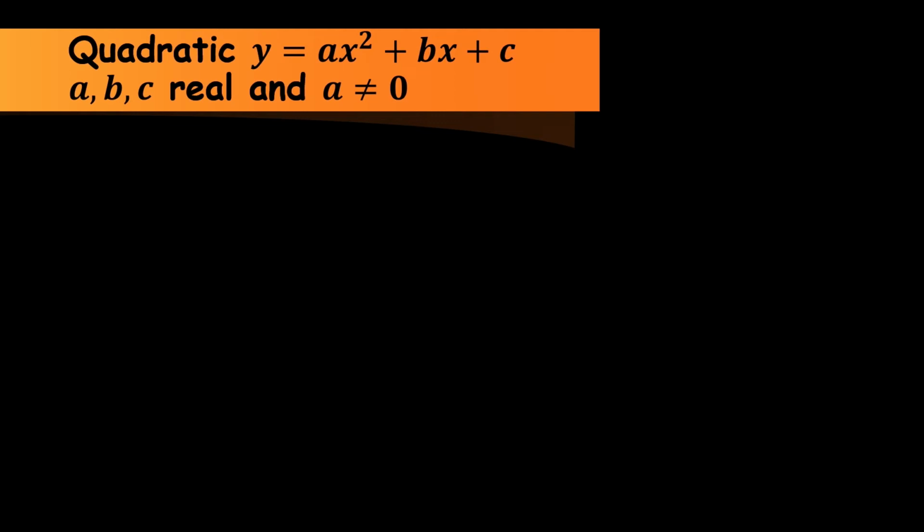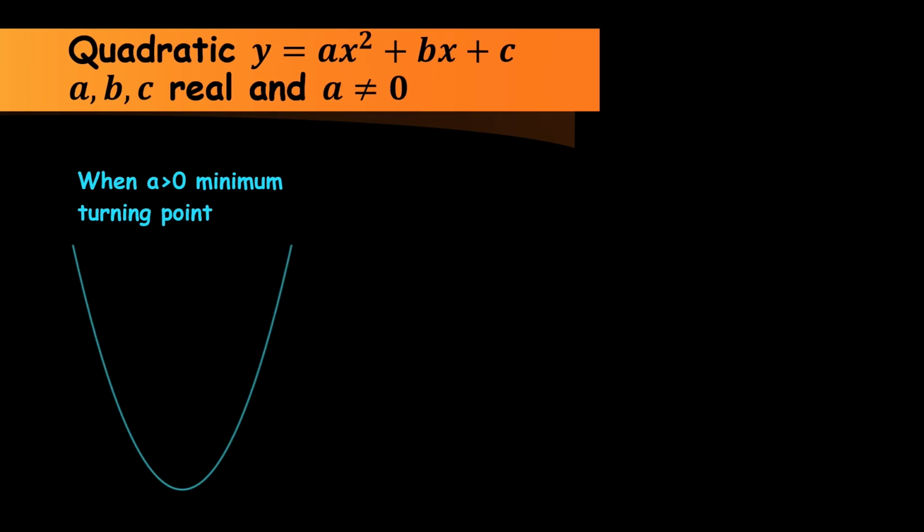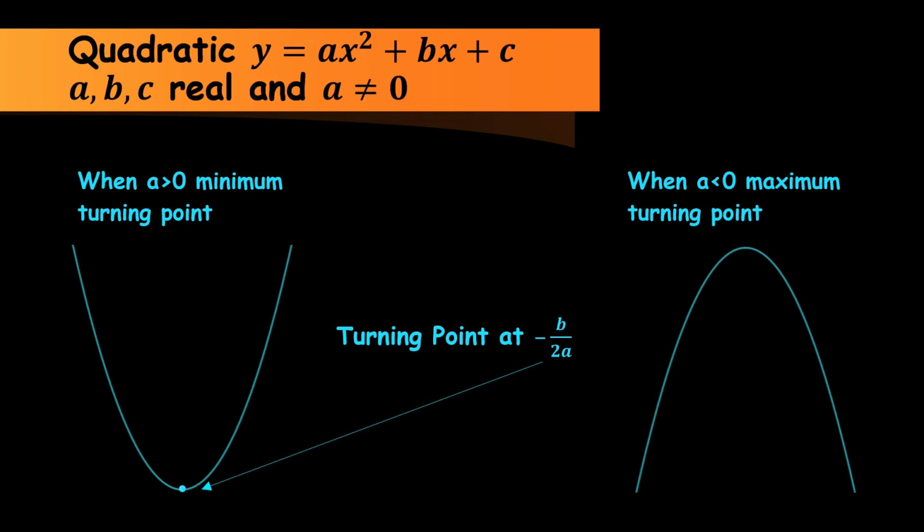When a is greater than 0, we have a minimum turning point, as shown. And the turning point occurs at minus b over 2a. When a is less than 0, we have a maximum turning point, as shown. And this also occurs at minus b over 2a.